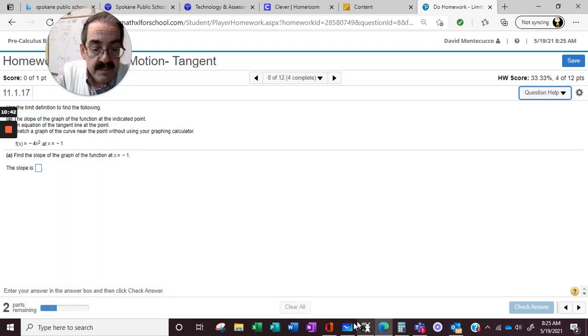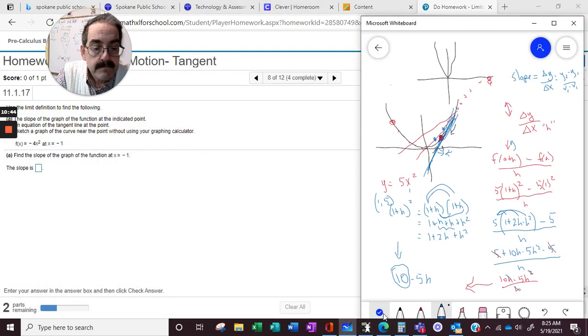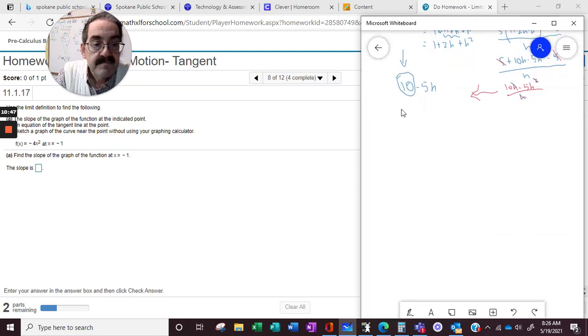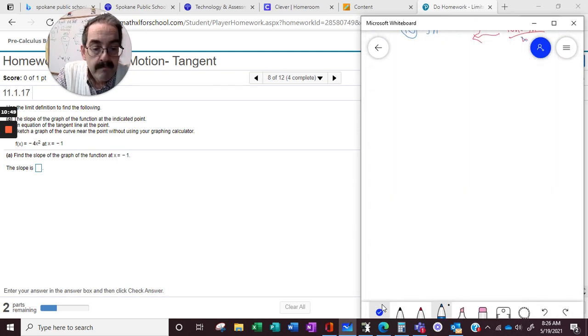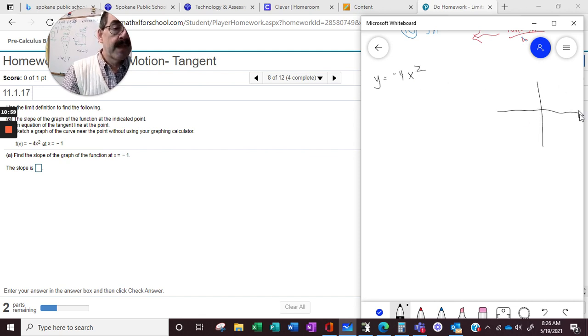Minus 4x squared. So y equals negative 4x squared, just for fun, at x equals negative 1.